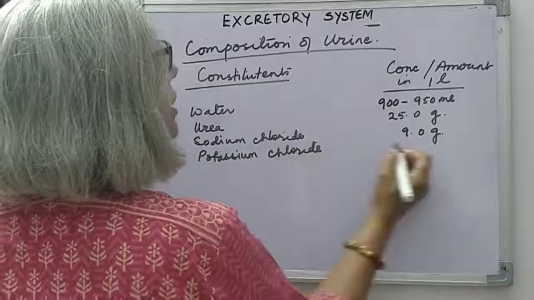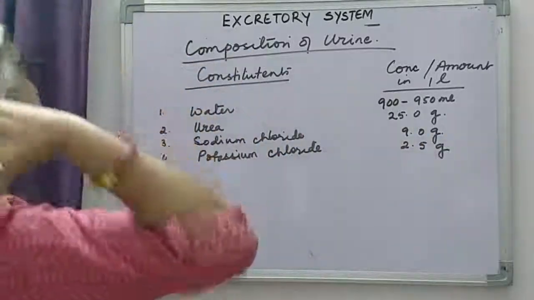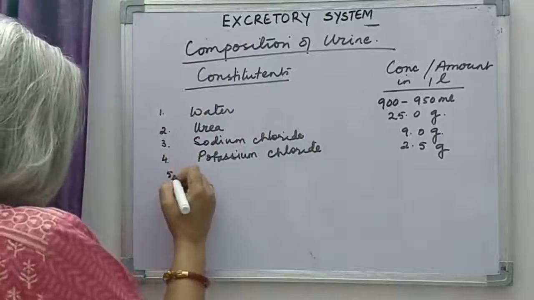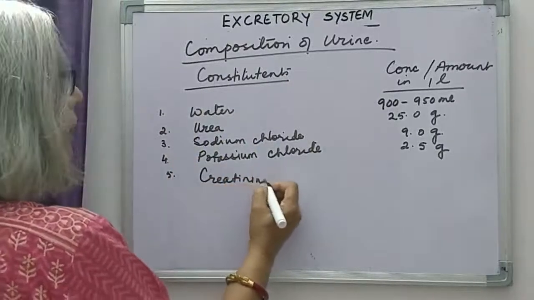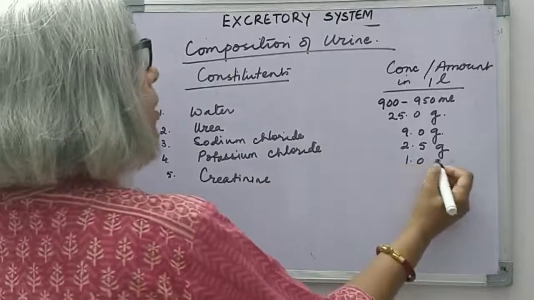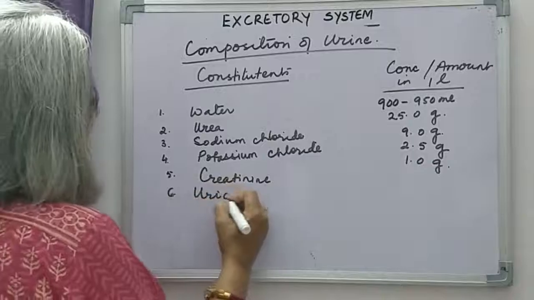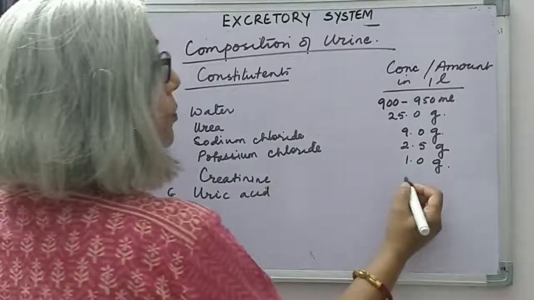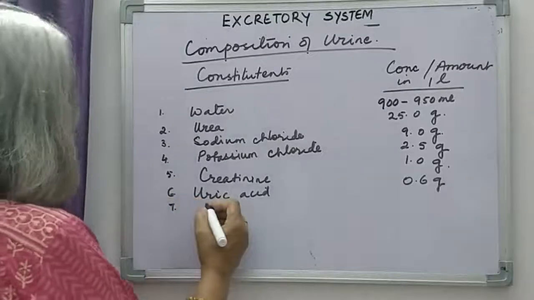Potassium chloride is 2.5 grams per liter. Then creatinine. Creatinine is 1 gram per liter. Uric acid is 0.6 grams per liter of urine.